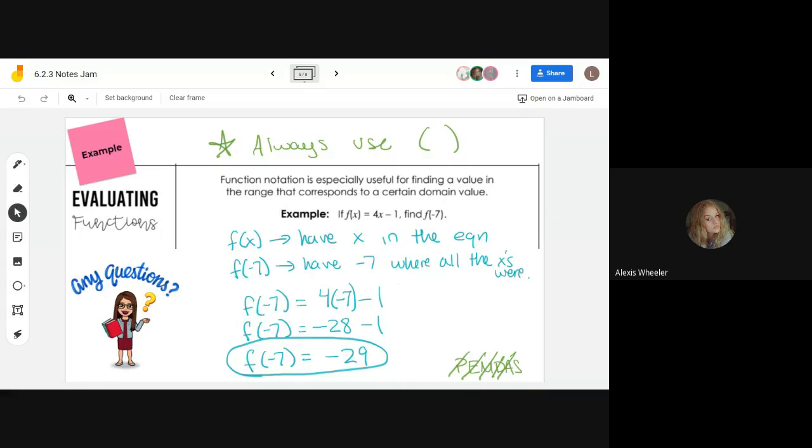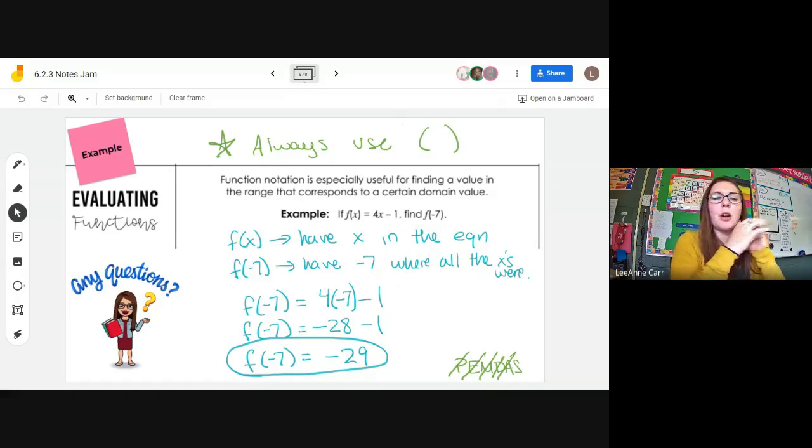For like when we go to our homework assignments, are we going to have to write all of this down on our paper? Like f of x, have x in the equation, and then all of that? Yeah, so these problems are ones that you will want to write out a lot of work for. Like on an assessment, this would be one that you'll have to write out work for. Basically, I need to see two things.